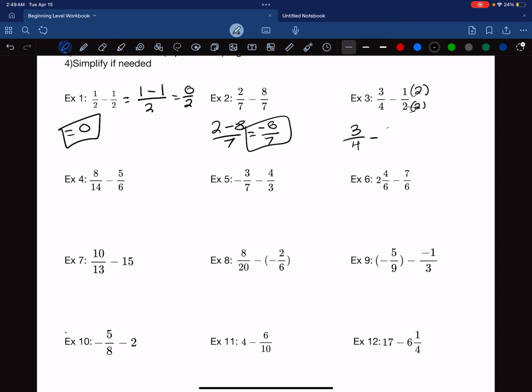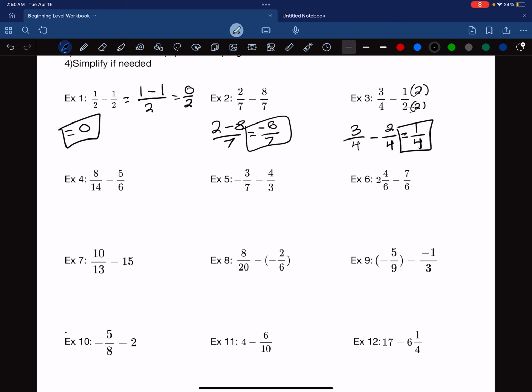So 1 times 2 is 2, 2 times 2 is 4. So 3 minus 2 is 1, and we're going to put that over 4. That's our answer.